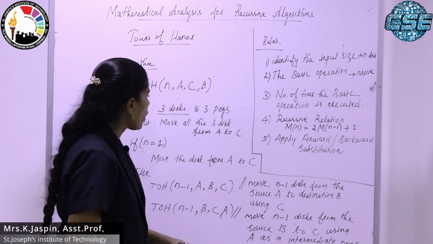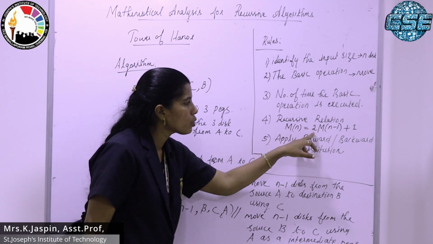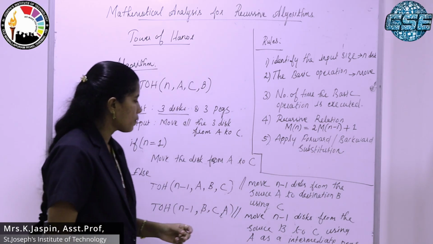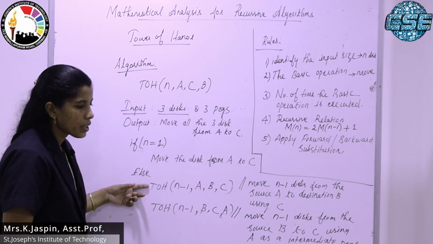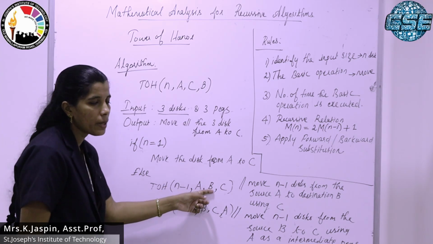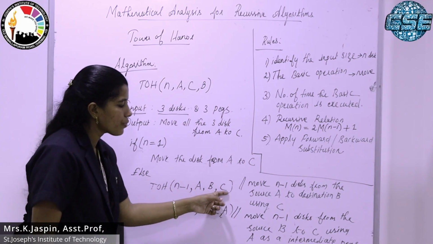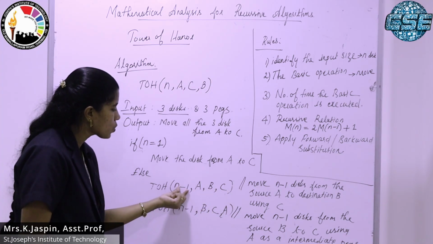So why have I written this recursive relation M of n is equal to 2 M of n minus 1? In this recursive call, while I am calling this function, n minus 1 disks get moved from A to B by using the intermediate peg C. That's why M of n minus 1.